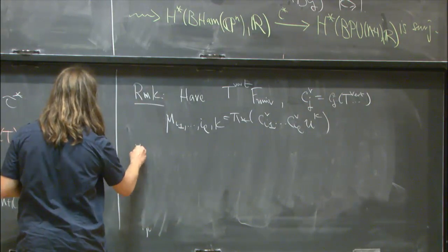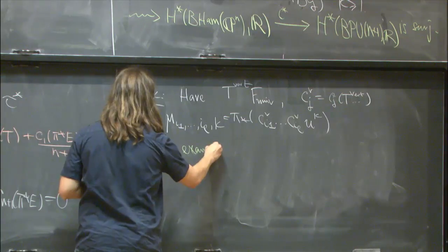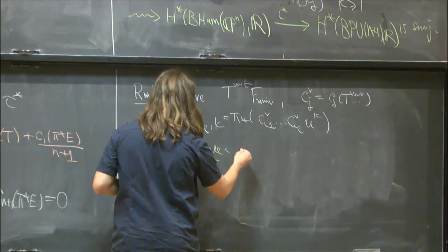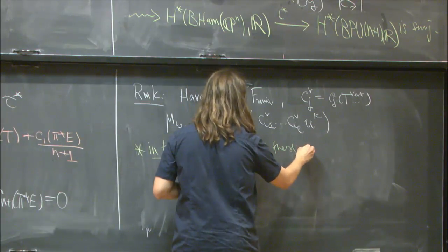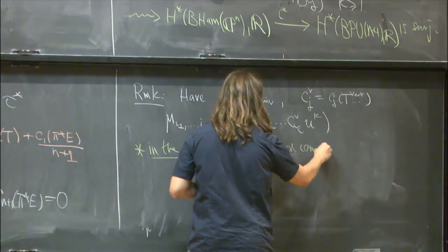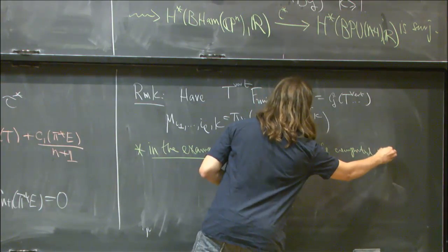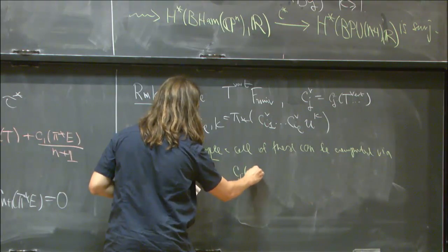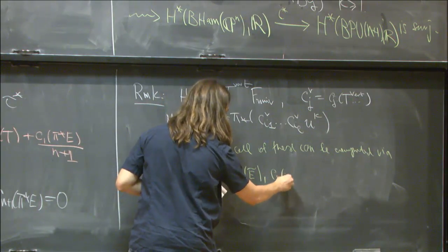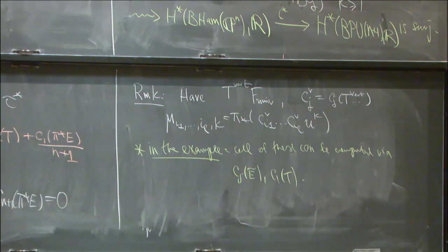And in the example, all of these can be computed through Cj of E tilde and the C1 of T. So take and compute.